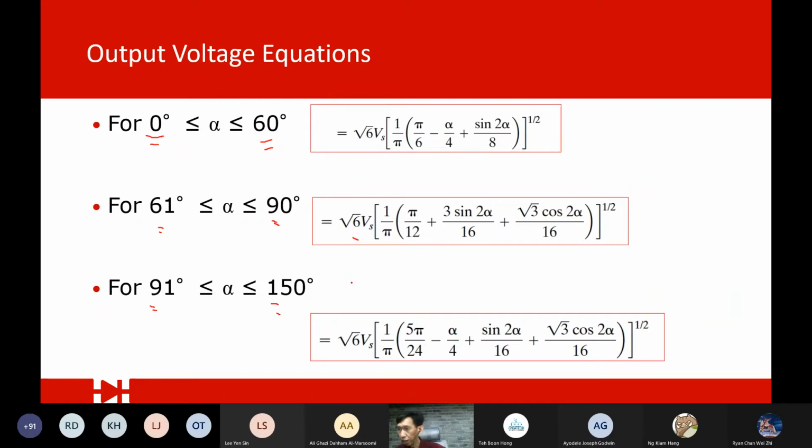So that means the highest angle you can go is actually up to 150. Usually, we don't go up to that high because the voltage will be very much distorted, but theoretically, we can go up to 150.